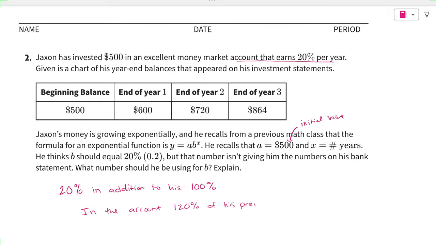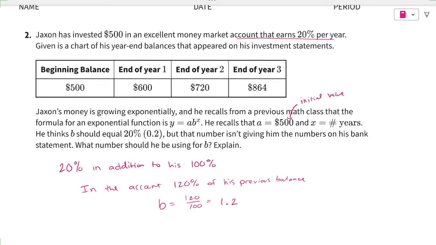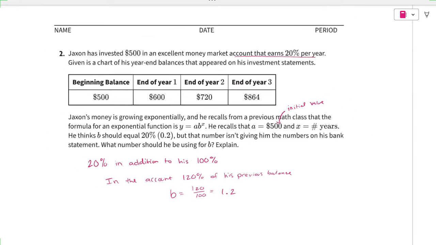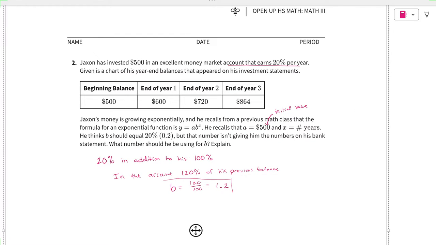And I'll call it previous balance. So, percent, remember, percent means out of 100. So, B is that 120% out of 100. So, 1.2. So, B should be 1.2. Okay.